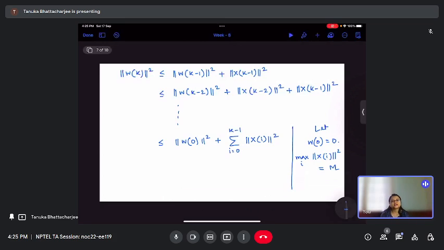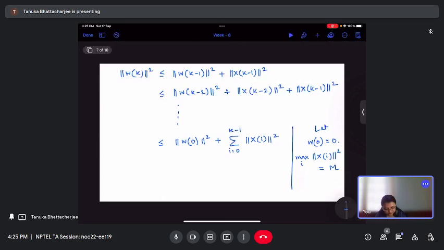So, if instead of each norm xi square, if you put m, you will increase the right hand side, because your value will be either less than or equal to m. So, if you put m for all of those, you will either keep same your value or you will increase.